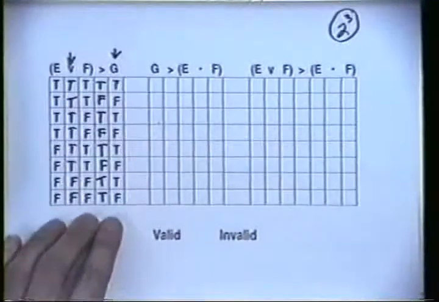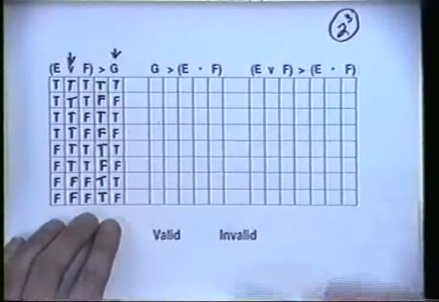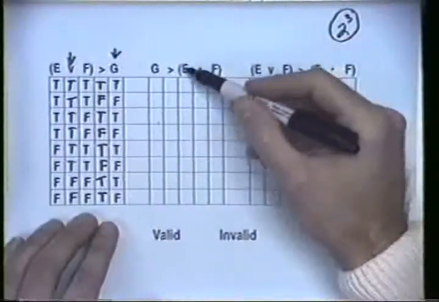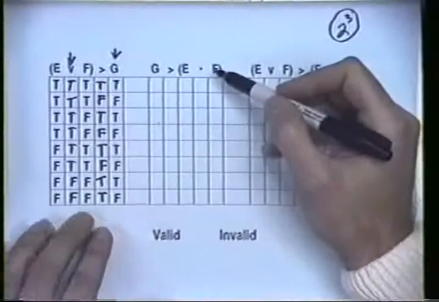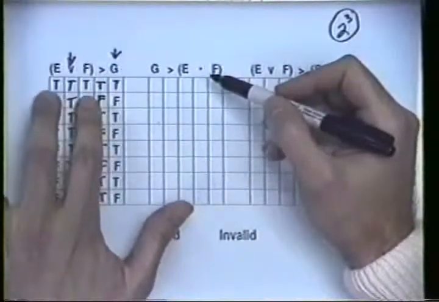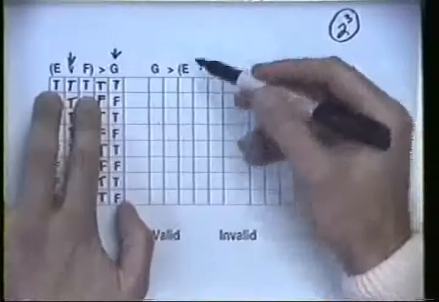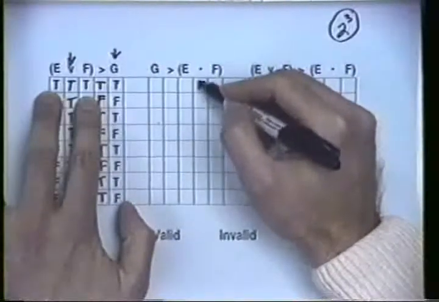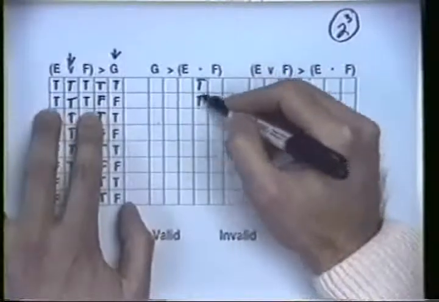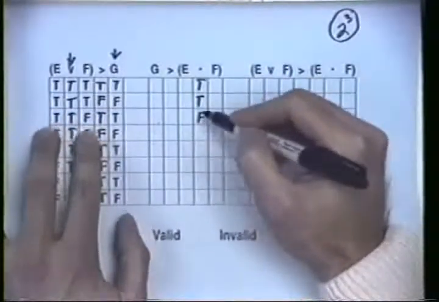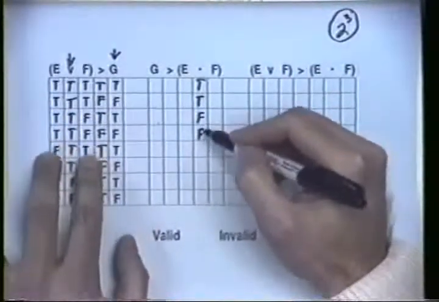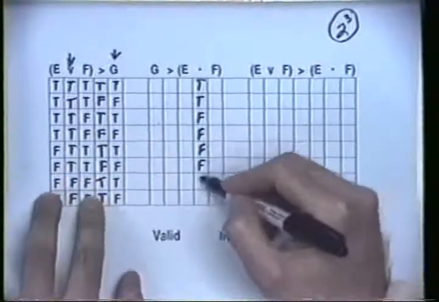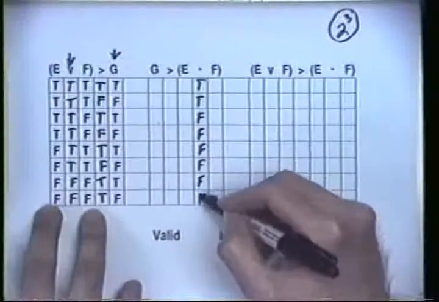All right, so we're done with the first premise. Now we need to generate the boxes for the second premise. We need to conjoin E and F. So we need to bring together the first and the third columns under the sign of conjunction. So that's going to give us a true, a false, a false, false, false, false, and false.